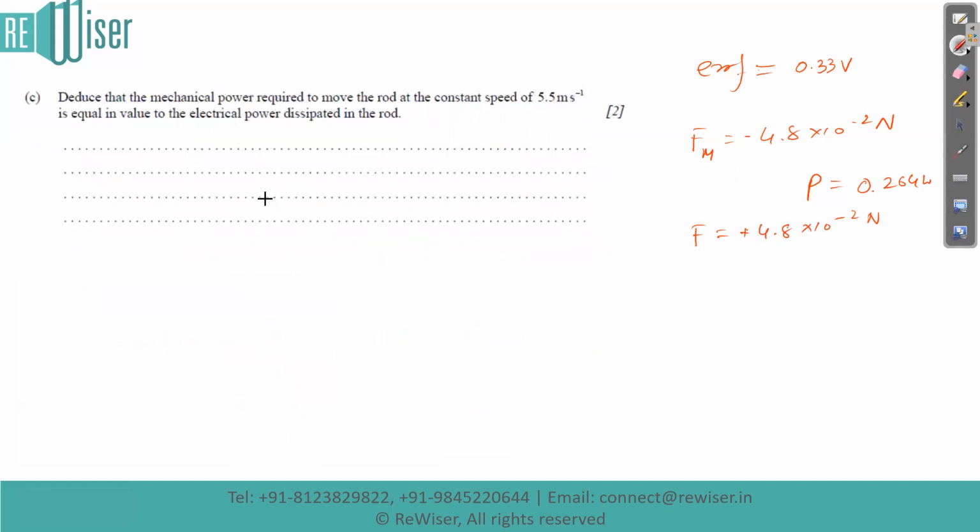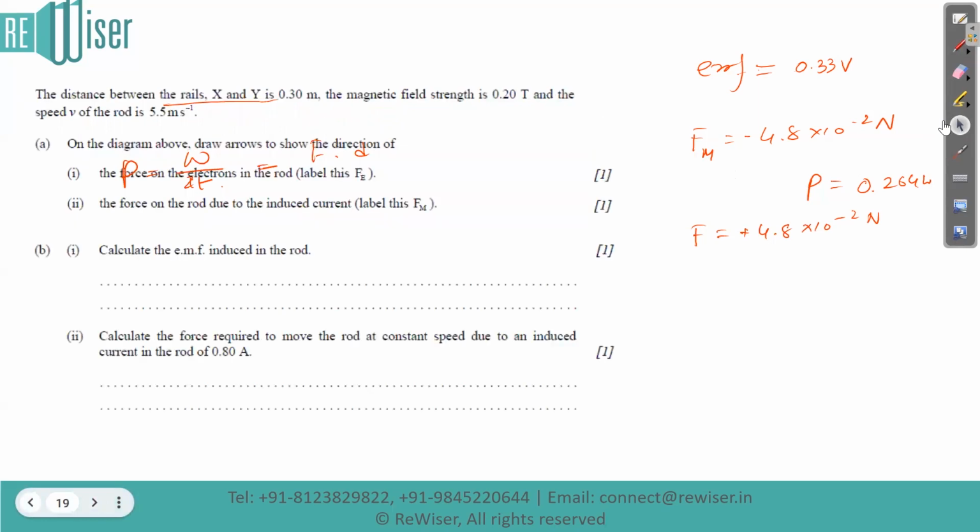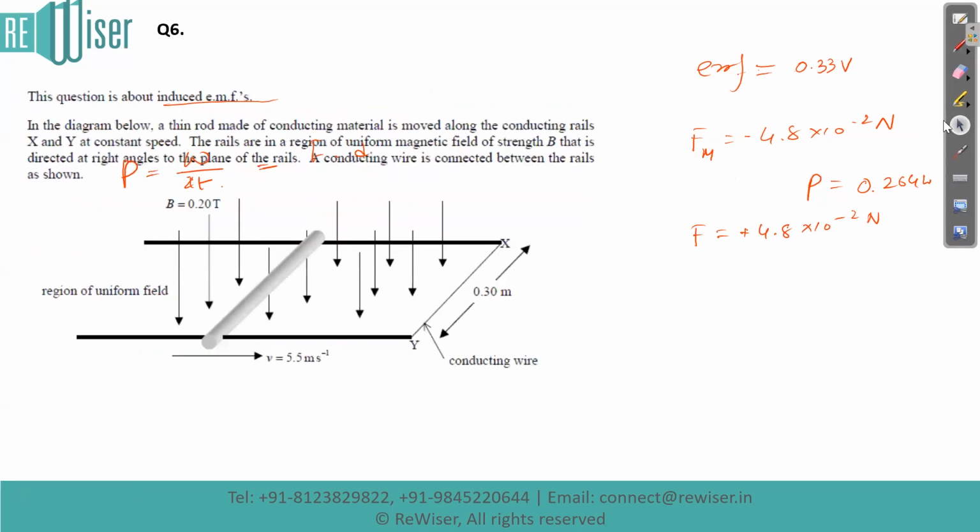Now, mechanical power required will be P is equal to work done per unit time, or work done by del T, the time interval. Work done is force into displacement along the positive axis in this direction.